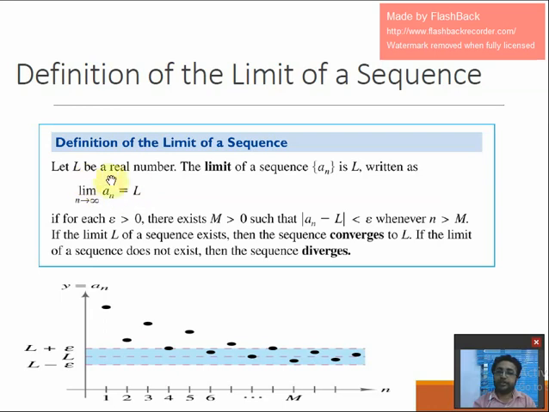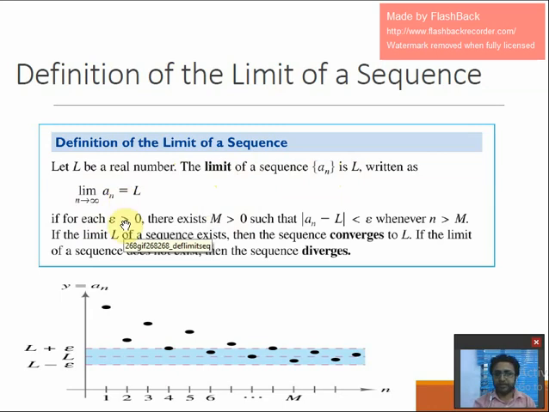Suppose L is a real number. If the limit of the sequence A_n is L, then we write limit n tends to infinity A_n is equal to L. That means as n goes to infinity, the value will be L.